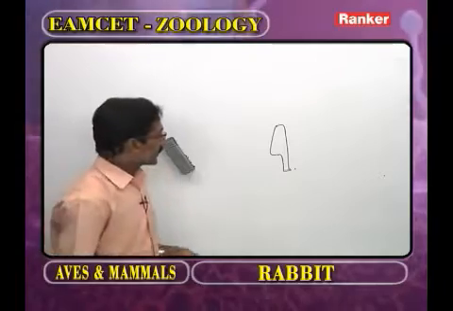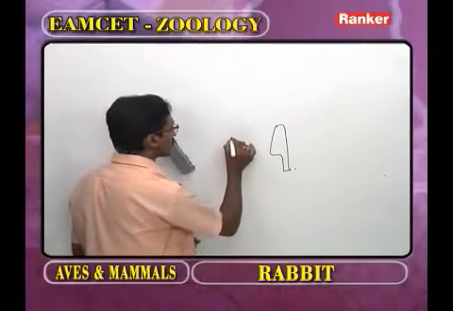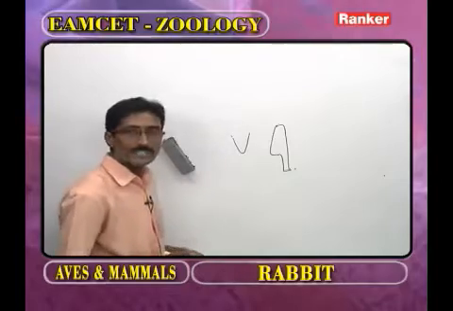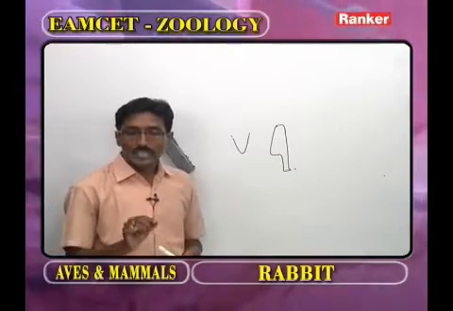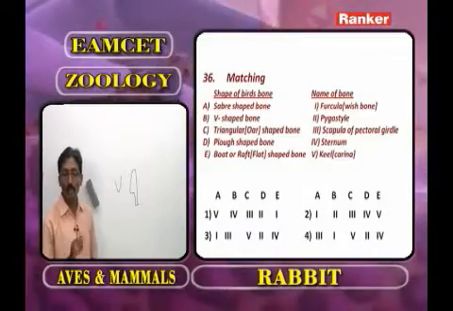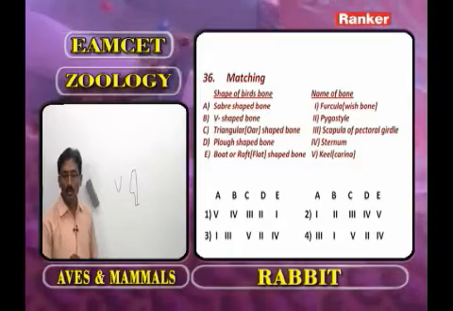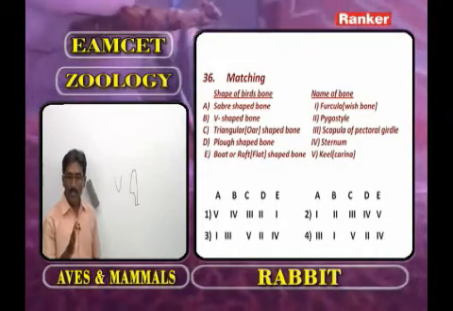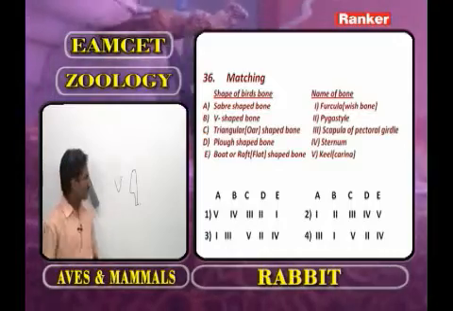That we call the furcula. Now, triangular or oar-shaped bone, plough-shaped bone, boat or raft-shaped bone. Now list 2. Furcula. As we observe the furcula, the clavicles are united to form a V-shaped bone.